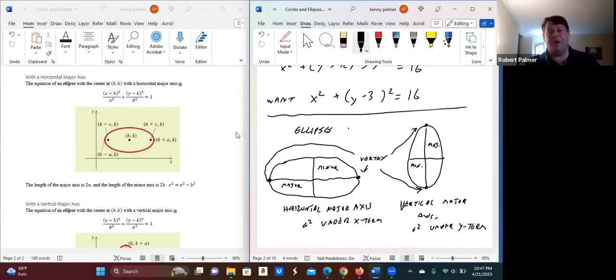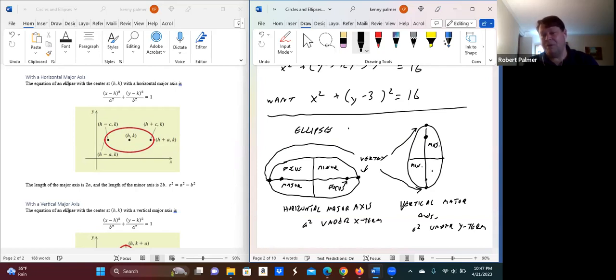All right. Now, a couple other things they have are what are called foci. Right here and right here. Or I should probably say focus, since I'm pointing at one at a time, but they're plural, they're called foci. So like a parabola has a focus, this also has a focus.